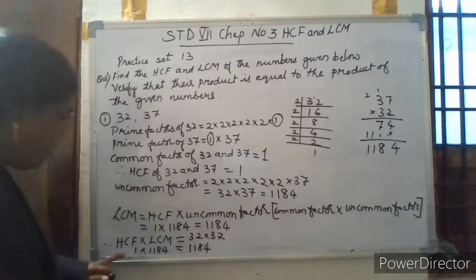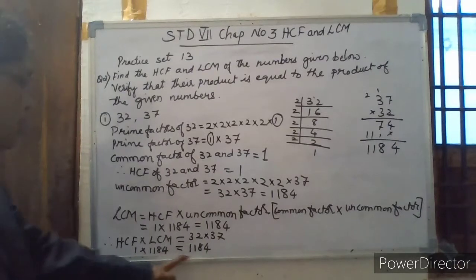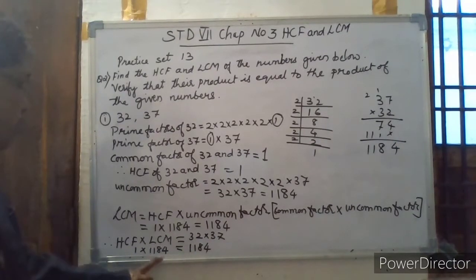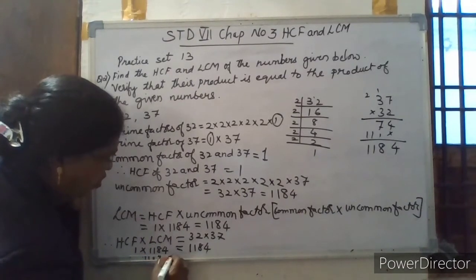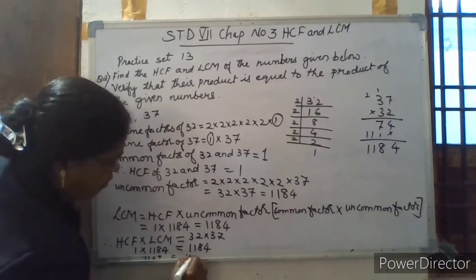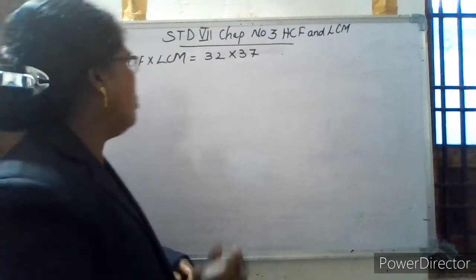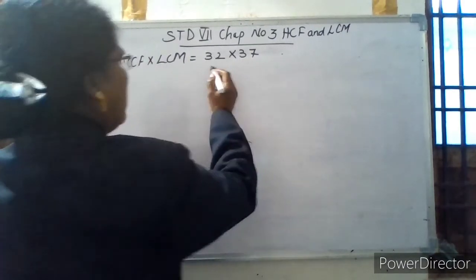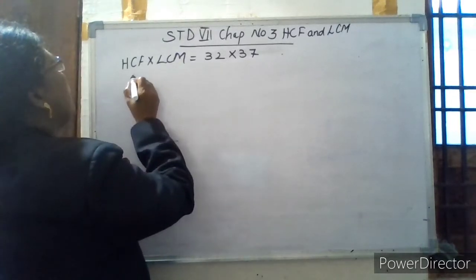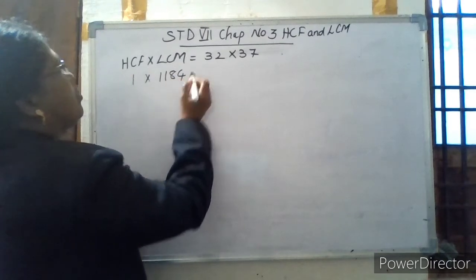So you can see that HCF into LCM is always equal to the product of the given numbers. 1 into this number will be equal to the same, so 1184 is equal to 1184.